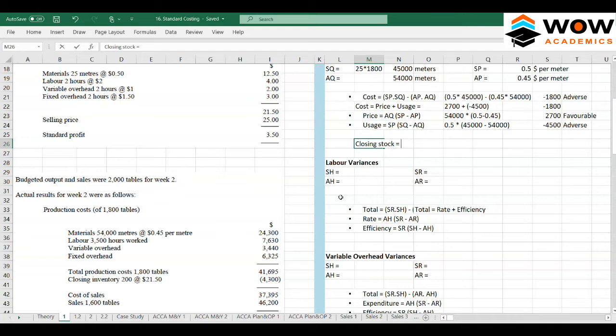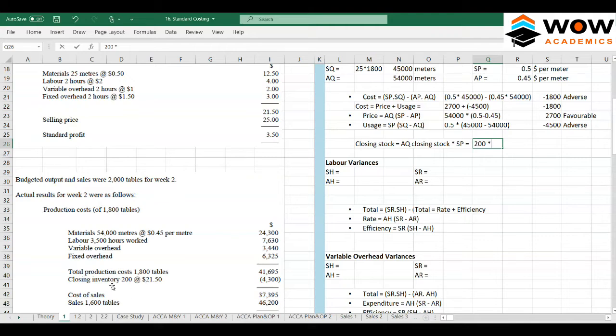Closing stock is the actual quantity of closing stock into the standard price. It should be in standard price. So the formula would be: how many units are closing? 200 units are still pending, into what is the standard price.